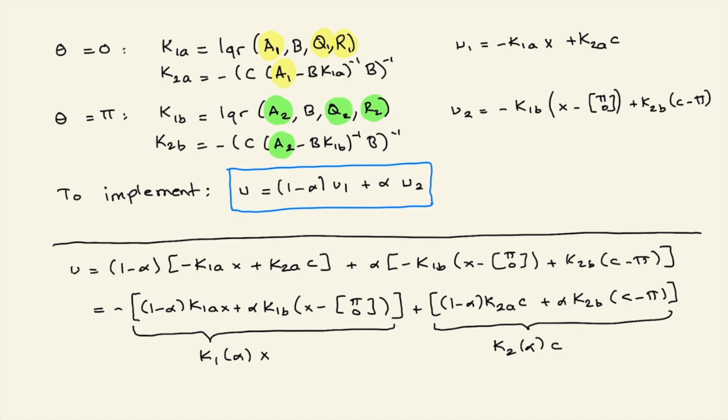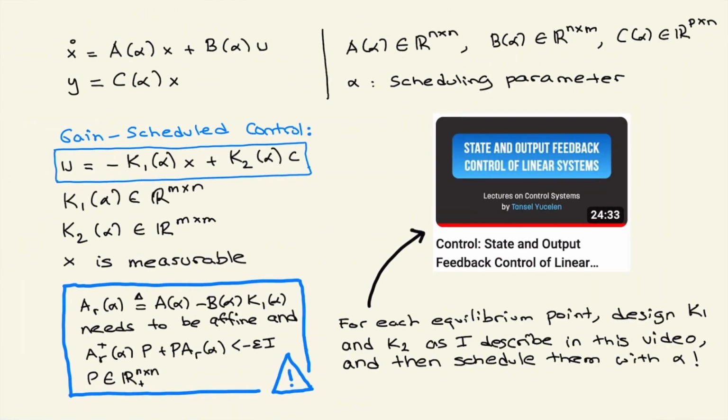And as from the previous part of the video, for this example, this is the U to implement, which is a combination of U1 and U2 with the scheduling parameter. Now, you can either implement it like this or find this form.